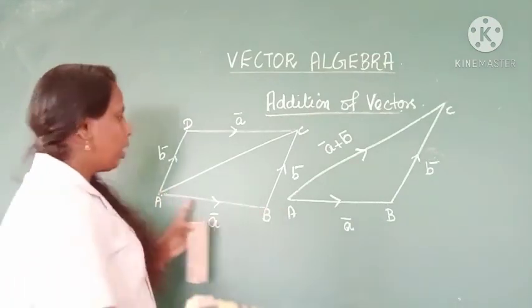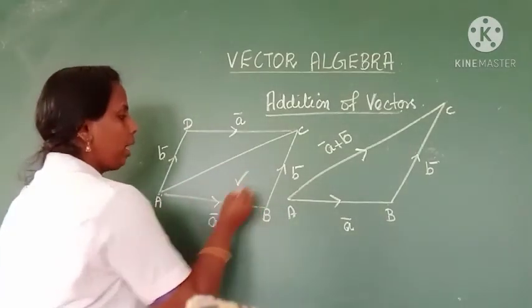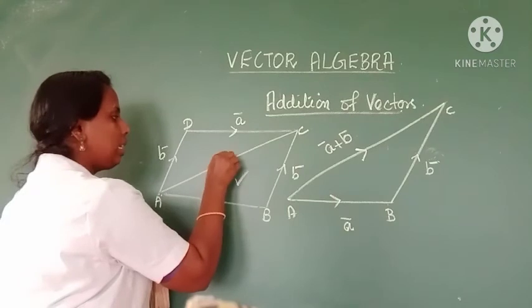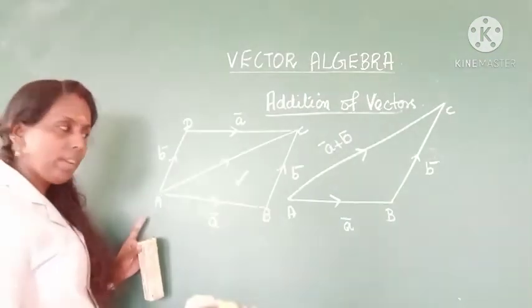Is that clear? Now, in this triangle ABC, what is AC vector?